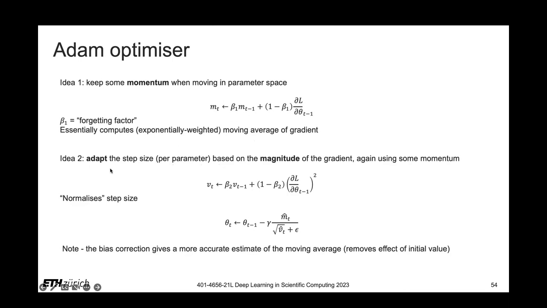That's the first idea. The second idea is we want to choose an adaptive step size. So we're going to adapt the step size based on the magnitude of the gradient. What we do is take M, which is our moving average of the gradient, and divide it by V, which is the gradient squared.